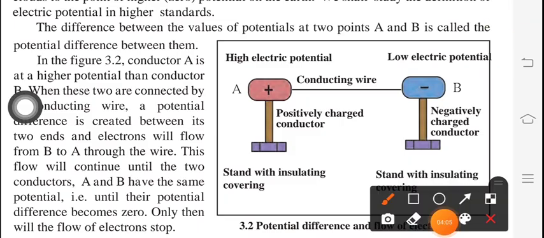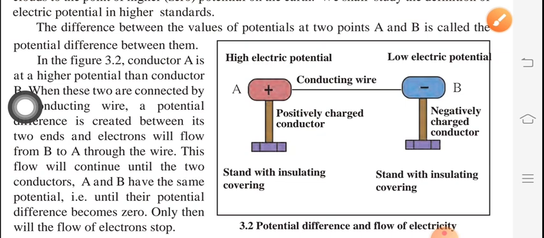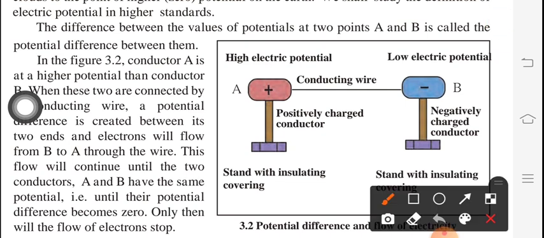So the difference between the values of potential at 2 points A and B, in this diagram we are considering 2 points, one positive and one negative, high electric potential and low electric potential, is called the potential difference between them.